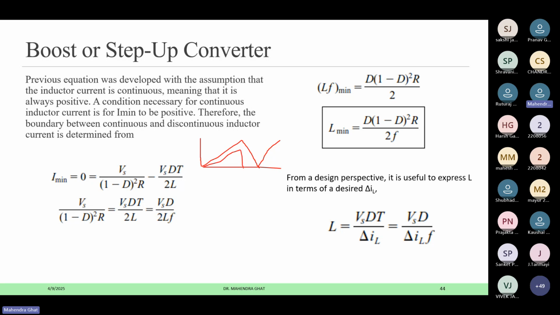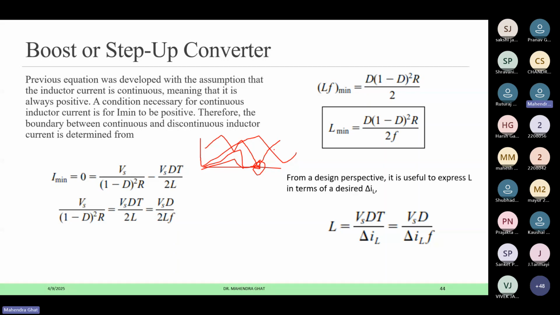At this you will get the discontinuous conduction, and the case when it is just reaching 0 is the critical conduction, and from that you will get the L minimum. Above that L minimum, you will get continuous conduction like this. Below that, you will get discontinuous conduction, and at L minimum, critical conduction.